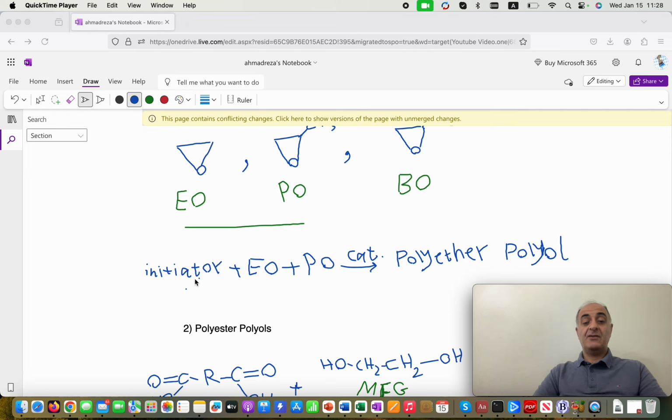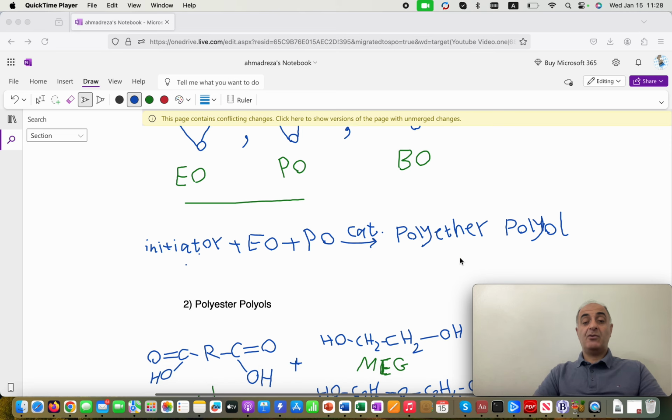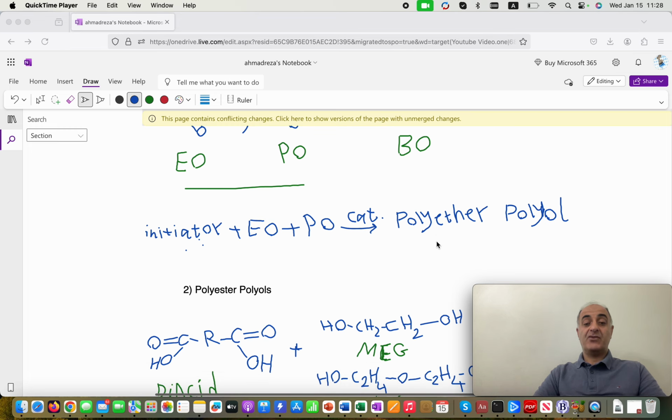So the initiator is very important. If you use an initiator with two functionality, the final polyol will have two functionality. If you use a three functionality initiator like glycerin, the final polyol also will have three functionality.